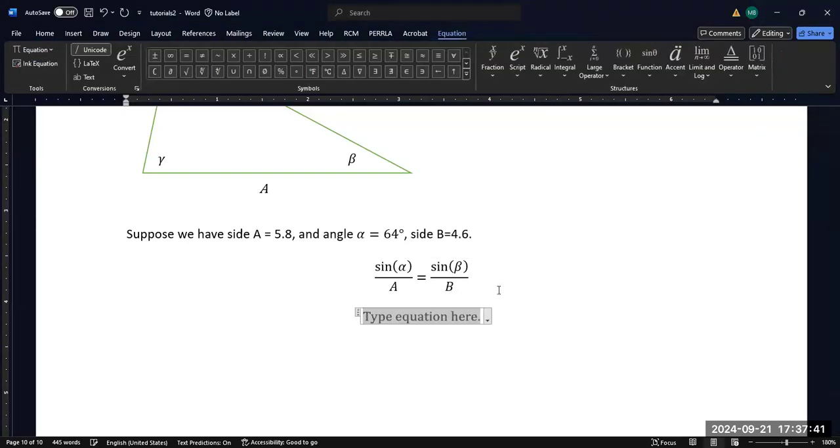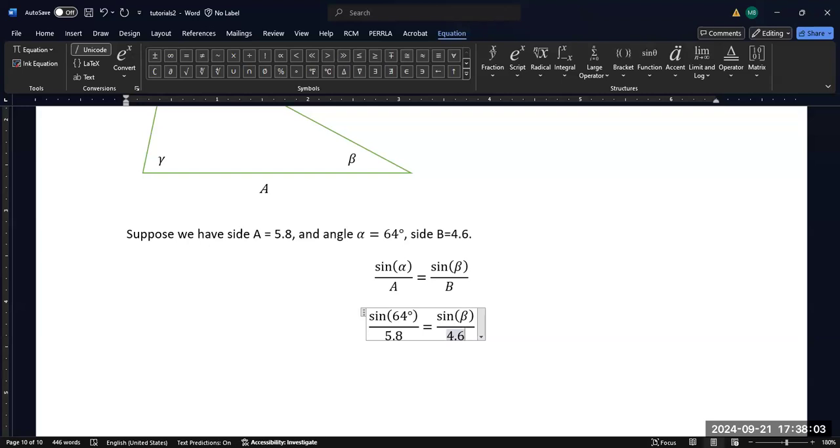So if I replace these with the angles that I have, so 64 degrees, it's always a good idea to write in the degree symbol so that you remember to change the settings on your calculator. And then also fill in 4.6.